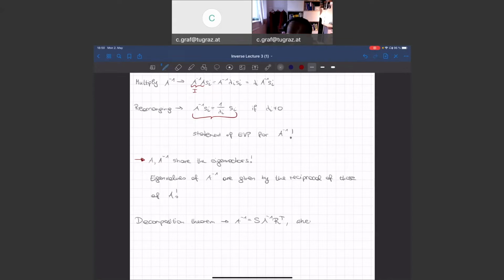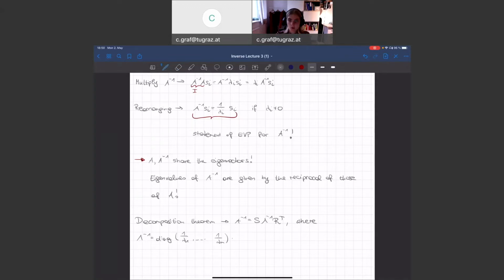The only thing left is lambda. So lambda inverse is given as the diagonal matrix with 1 divided by lambda 1, and so on up to 1 divided by lambda m.